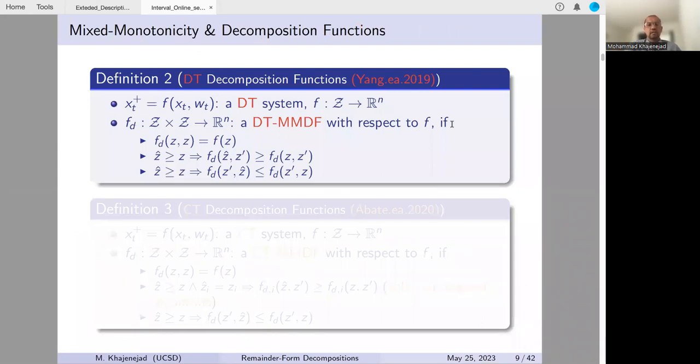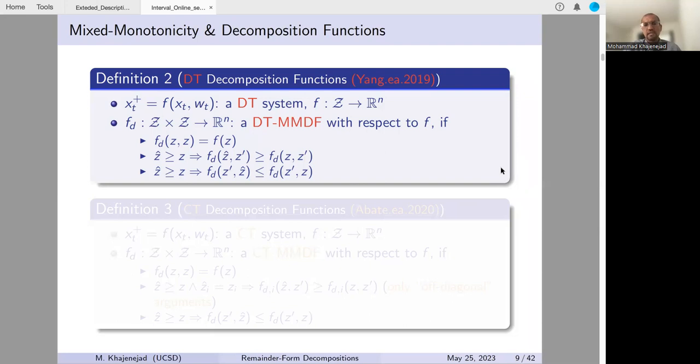Given a discrete time system with the vector field F from Z to Rn, where Z is the augmented state space of state and noise, Fd, which is defined from the higher dimensional space of Z times Z to the same range of F, is called a discrete time mixed monotone decomposition function with respect to F if Fd satisfies three conditions.